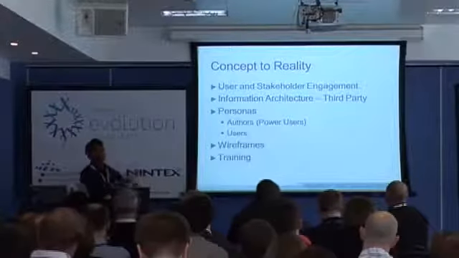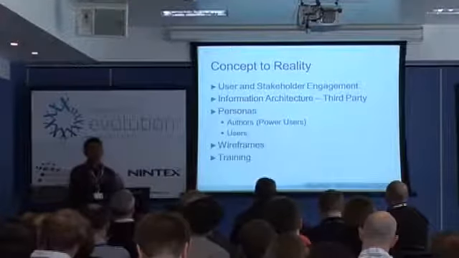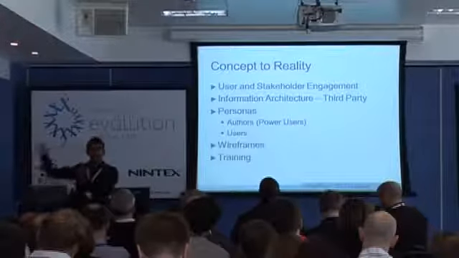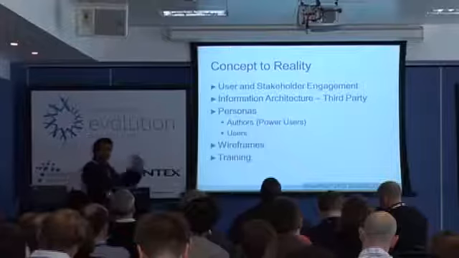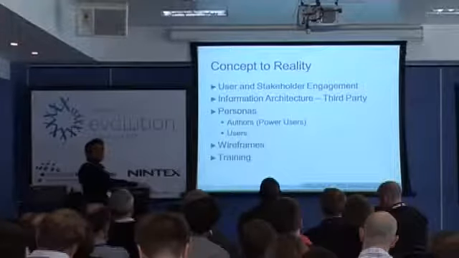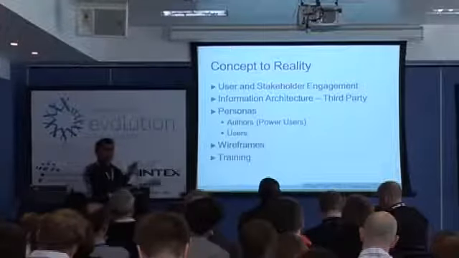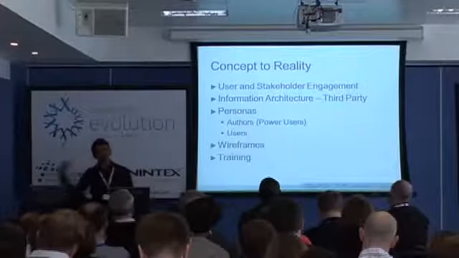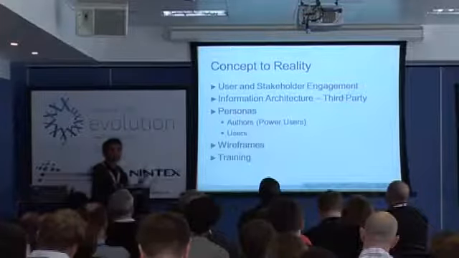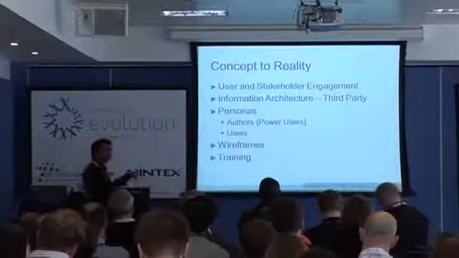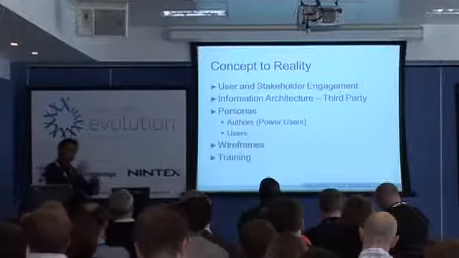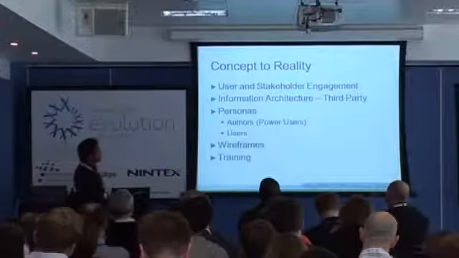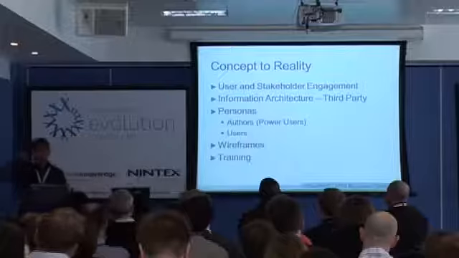So personas is a way of saying, I am so-and-so, I'm Joe, who's working as a teller, and I need to see this information. But at the same time, Joe could be a content author. So that's where I talk about there being 2 phases of SharePoint, where you are a user at one end and you are a content creator at the other. So we create personas for both to identify, as a content author, what functions do I need to do to get my content published.